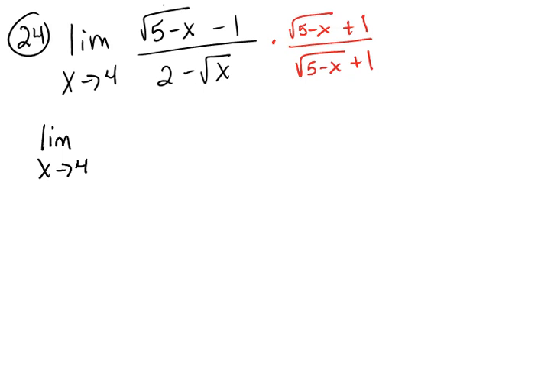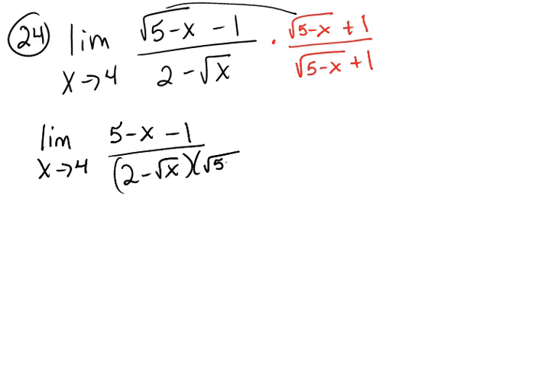All right, when you FOIL this out, the whole idea is that you're going to eliminate the radical. And so this is going to be 5 minus x, because the square root of 5 minus x times the square root of 5 minus x is just 5 minus x. The middle terms fall out, and then you get minus 1 over 2 minus the square root of x times the square root of 5 minus x plus 1.